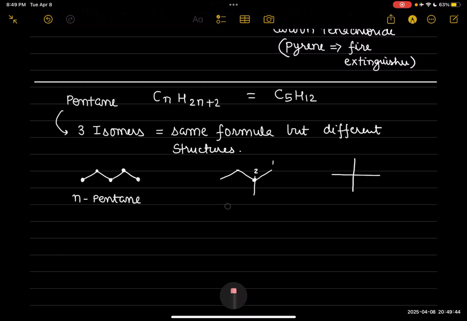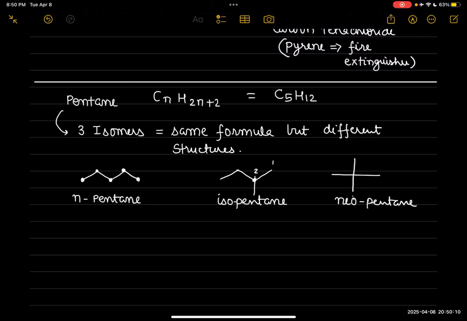So 2 methyl, that is the IUPAC name, and this is isopentane, and this is neopentane. Normal pentane means it doesn't have any branch coming out. All the carbons are one after another.